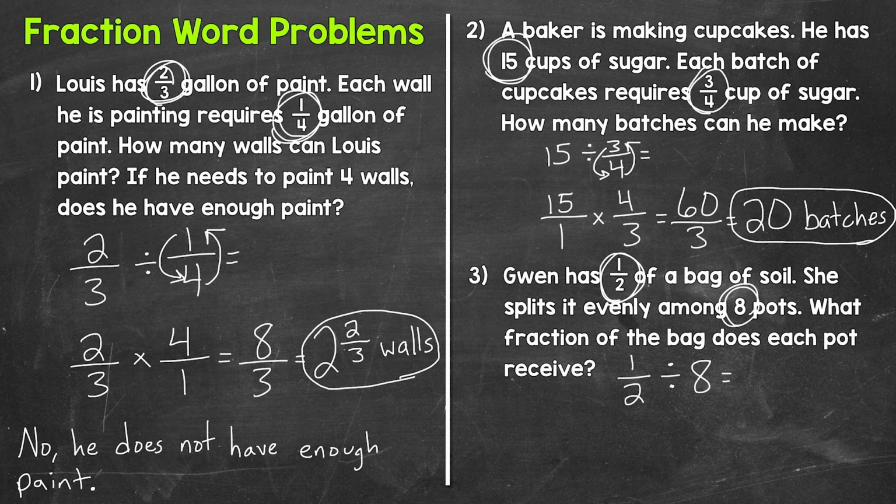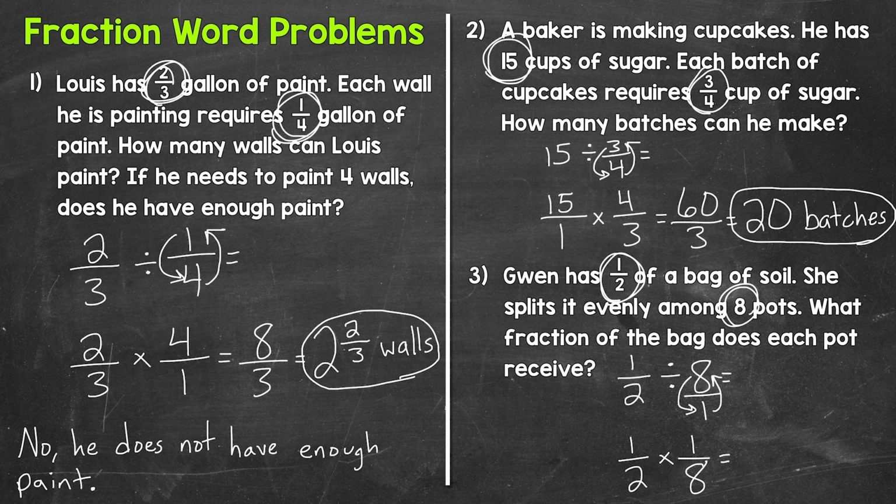So let's keep, switch, flip here. So keep 1/2, switch to multiplication, and then we need to flip 8. So let's write 8 in fractional form by putting it over 1, and now we can flip it. So 1 is our numerator and 8 is our denominator.